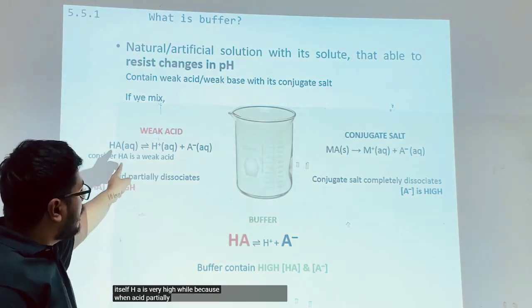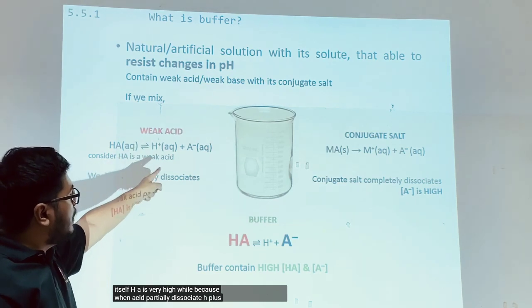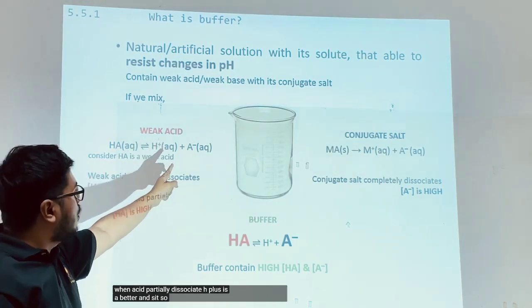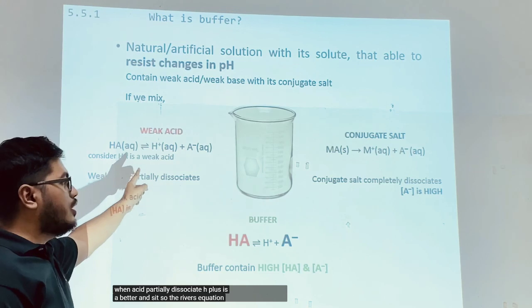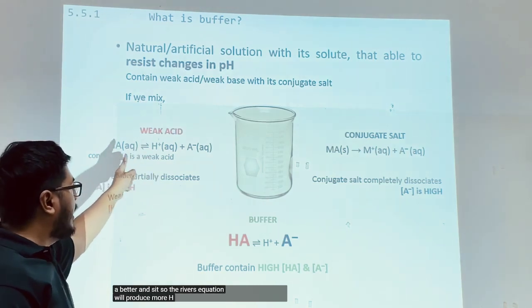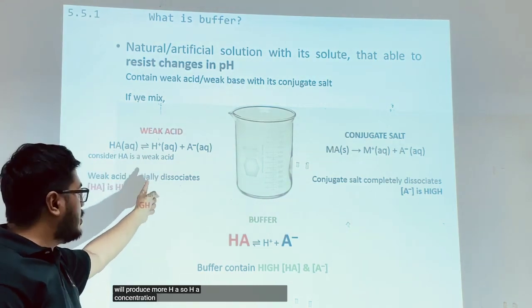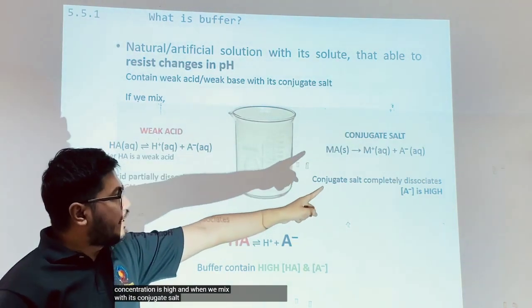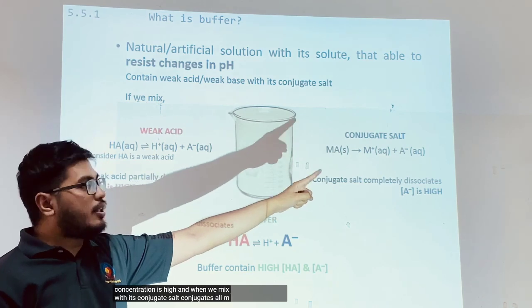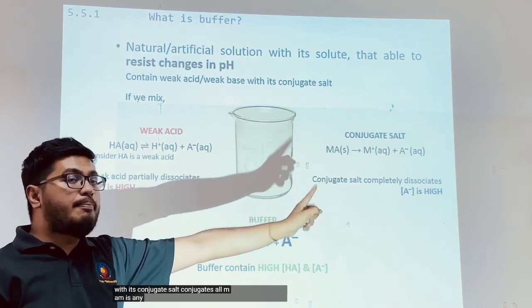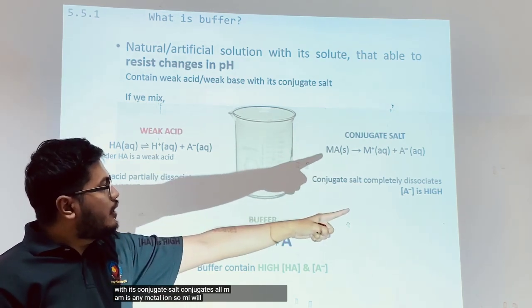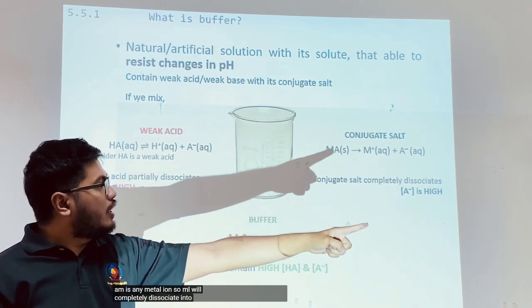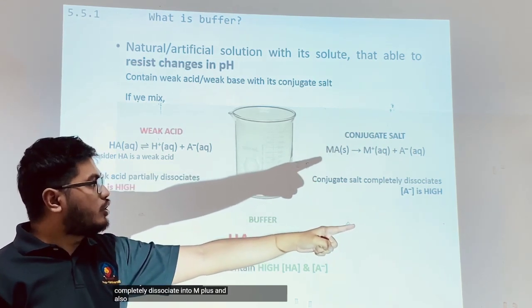Because when acid partially dissociates, H plus is a better acid, so the reverse equation will produce more HA. So HA concentration is high. And when we mix with its conjugate salt, MA will completely dissociate into M plus and also A minus.